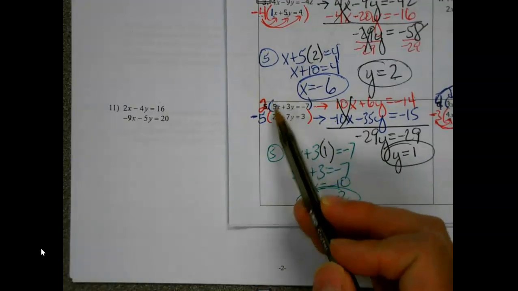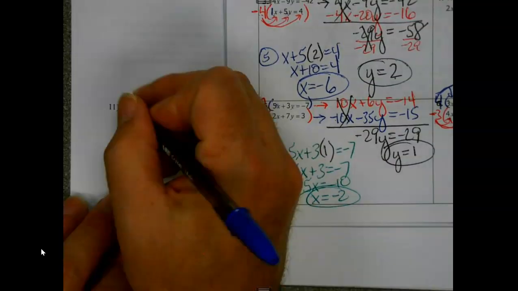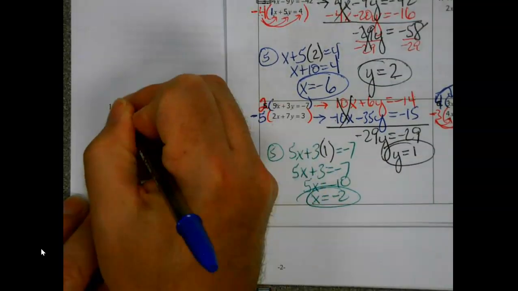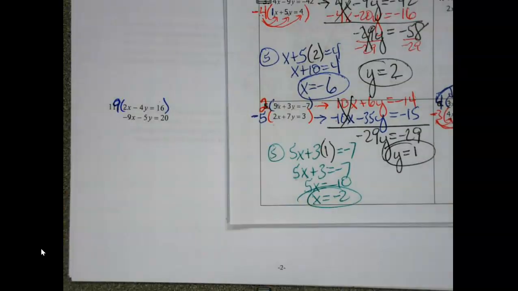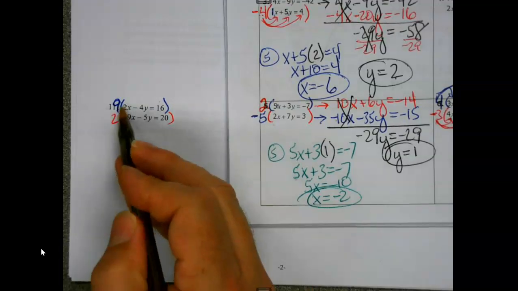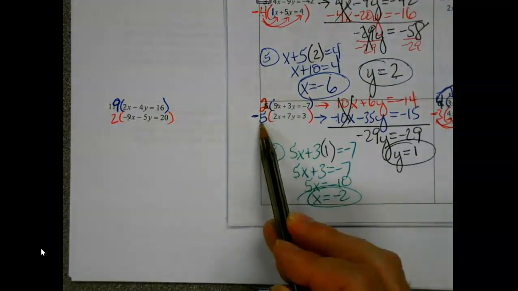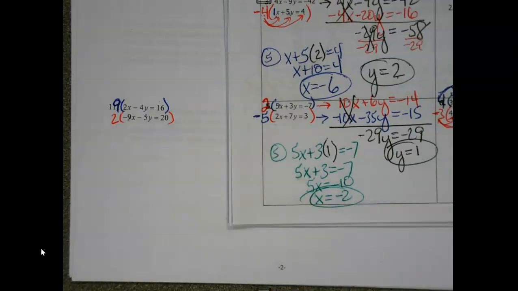So I had 5 and 2, and it looks like I just switched the coefficients around. So let's see if that works here. So I'm going to do 9 up here. And I'm going to do 2 down here. So I literally just switched those. Now in the example, I had to multiply by a negative, but Hardy didn't this time.